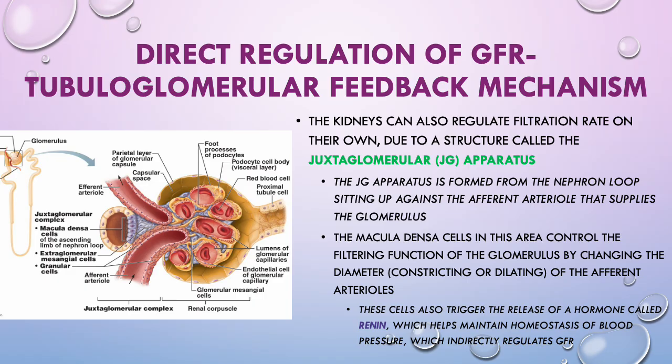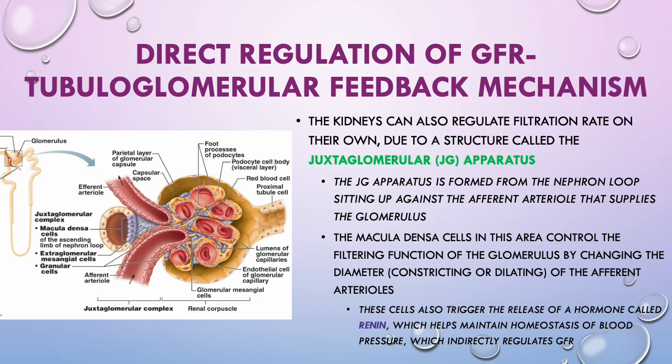Now, we're going to talk about the direct regulation of GFR by the tubuloglomerular feedback mechanism, okay? The kidneys can also regulate the GFR on their own. There is a little collection of cells called the juxtaglomerular apparatus.